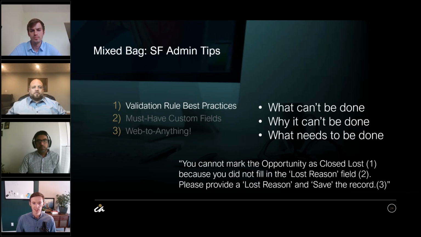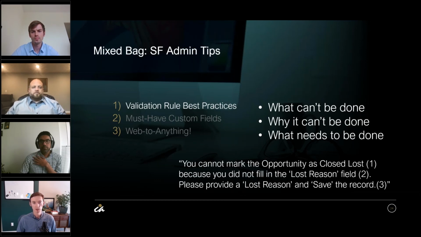So instead of a super basic validation rule where everything is confusing, not only for yourself, but for the admin who just took over, I recommend that when you write your validation rule messages, explain 3 things to the user. One is what can't be done, although it might seem obvious, recommunicating that back to that person. It makes clear what's trying to be done, why it cannot be done, and then what must be done in order to properly save the record.